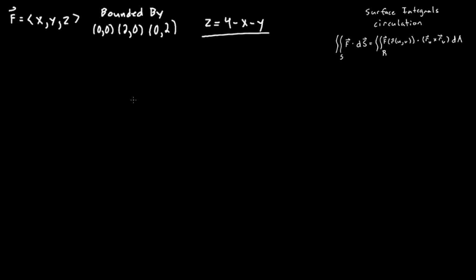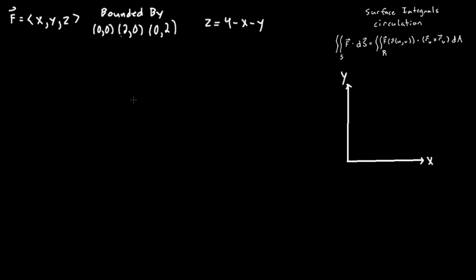So for this problem here, we have a surface and we have our region that we're bounded by. So let's just quickly draw the region that we are bounded by. And the bounds of your region are just the bounds for your integral. So if I were to draw this out, let's label the x, y axis.